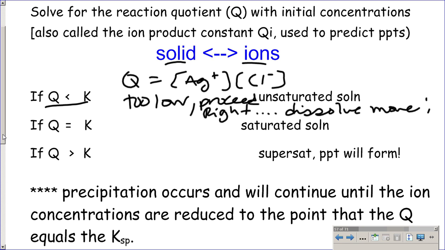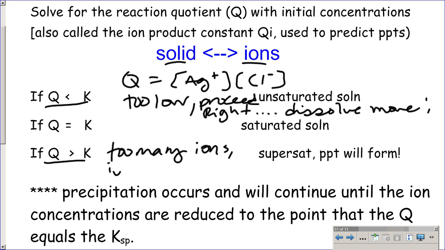All right, so if you had to discuss this one, what would you be saying about it? Q is too high, because there are too many ions. So what are the ions going to start to do to each other?